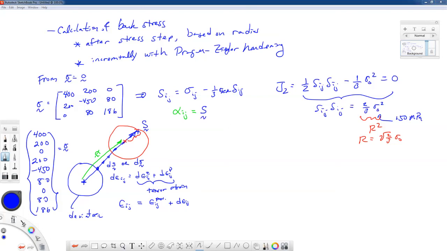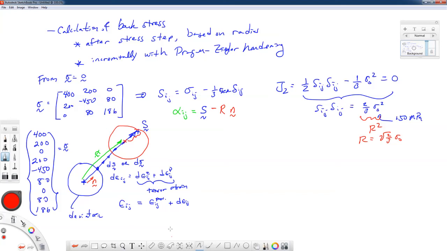S minus R, but that's a scalar. So what we really want to do is take S minus R times a unit normal in the direction of S. Okay, and so that's what we're going to do in this next step.